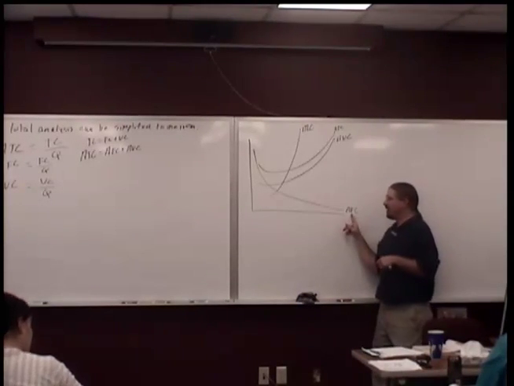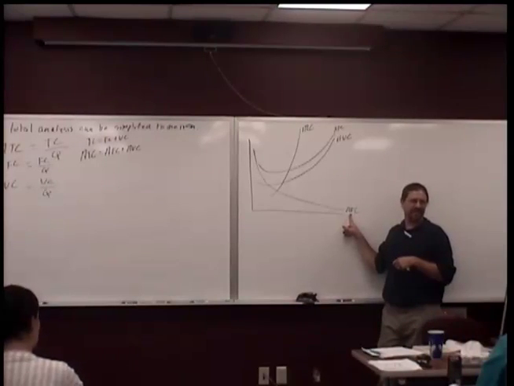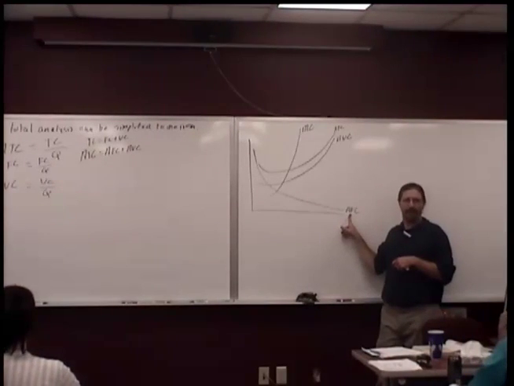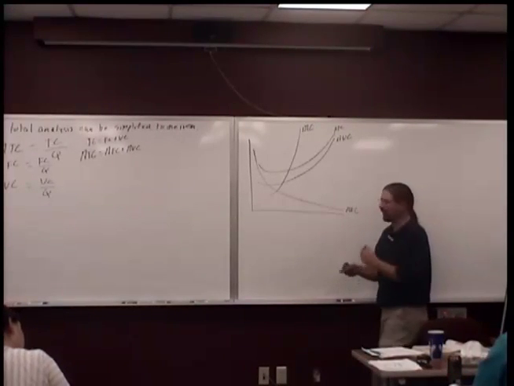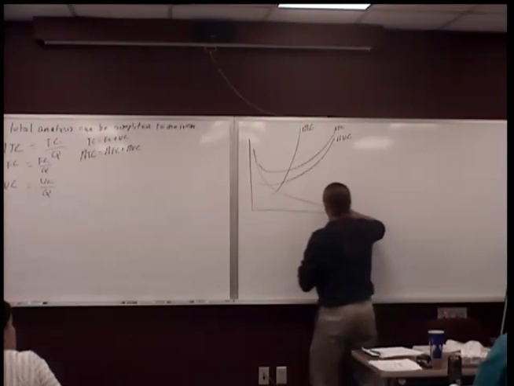First off, please ignore average fixed cost. That's sort of an annoying variable. I won't ever use this one. Okay, it's there. You should kind of know what it looks like, but I will never ask you about it.